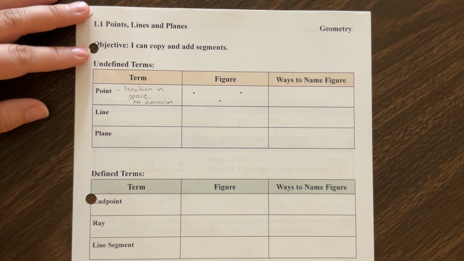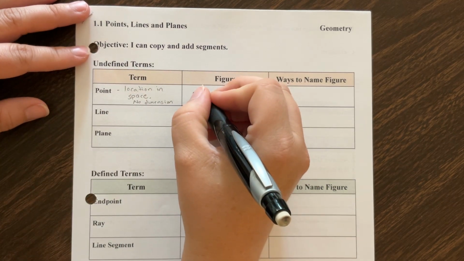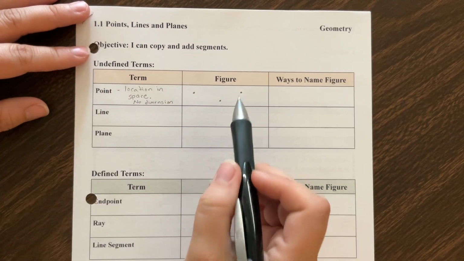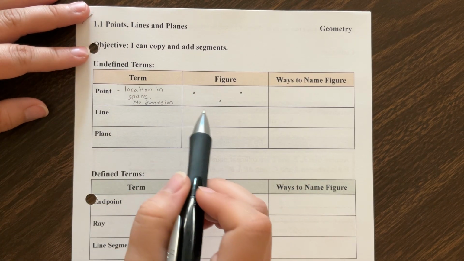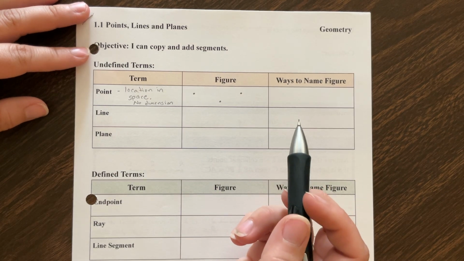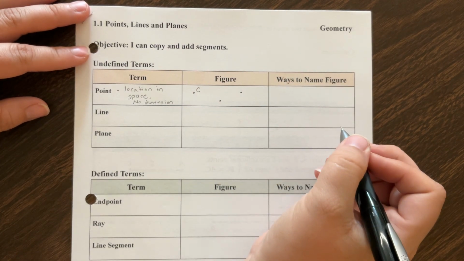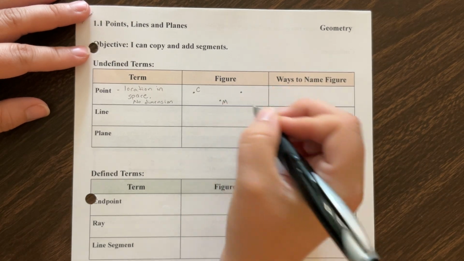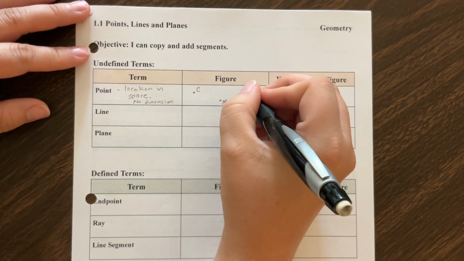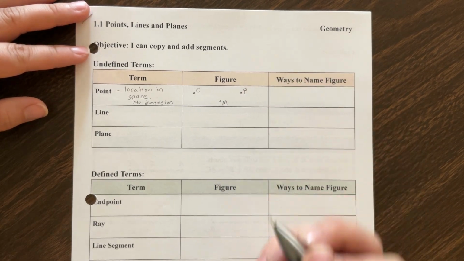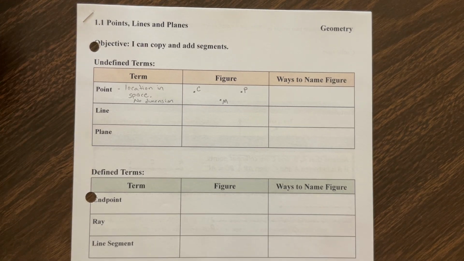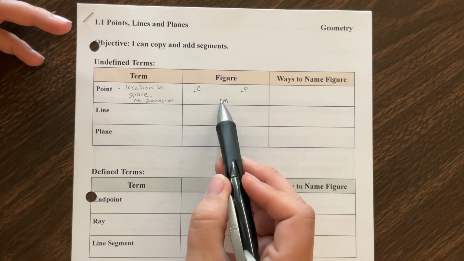And we give them names. The name we give them is an uppercase letter. Without a name, if I said, hey, I want you to go ahead and put your pencil on that dot, on that point, well, which one? But if I give them names, if I call this one C, I call this one uppercase M, and call this one uppercase P, then if I said put your pencil on point M, well, we can do that.